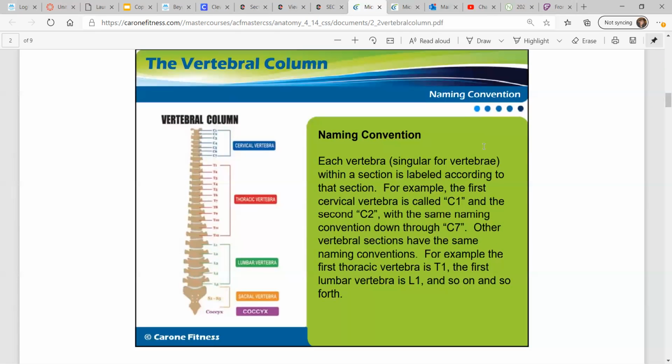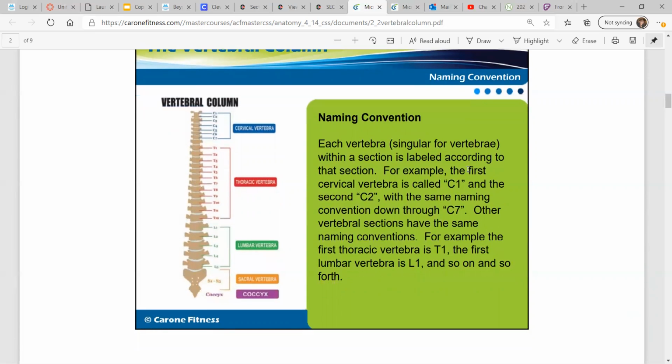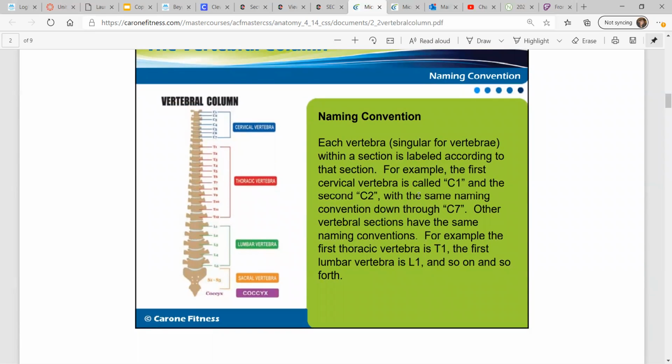So the naming convention. How do we name things? Why are they named in such a way? Well, for example, the first cervical vertebra is called C1 and the second is called C2. And that goes all through C7. So up here, the first 7 are the cervical vertebra, and you go C1, C2, C3, C4, C5, C6, C7.